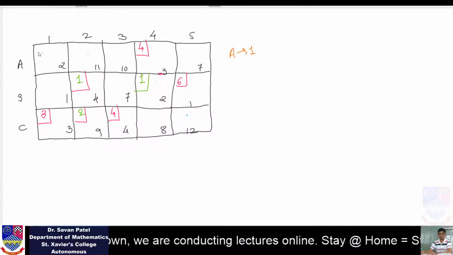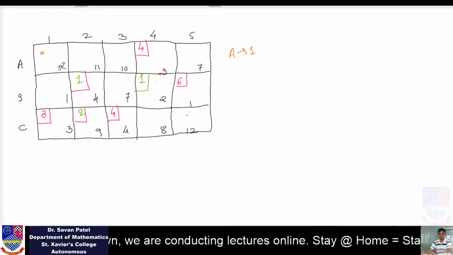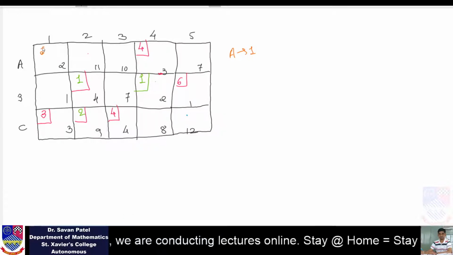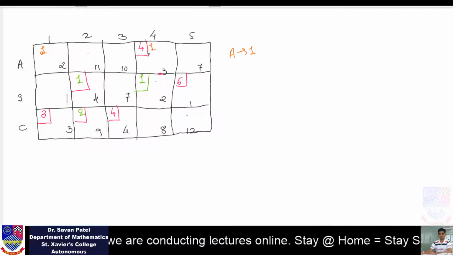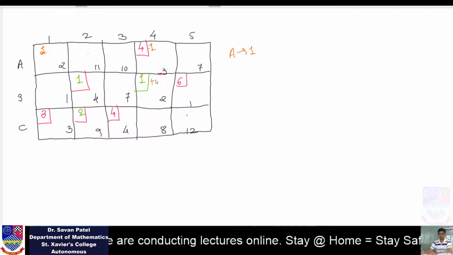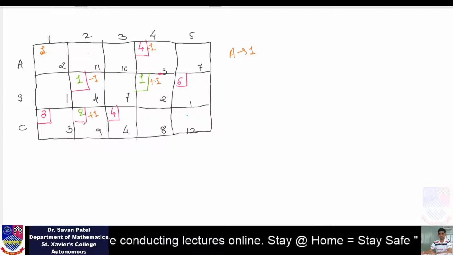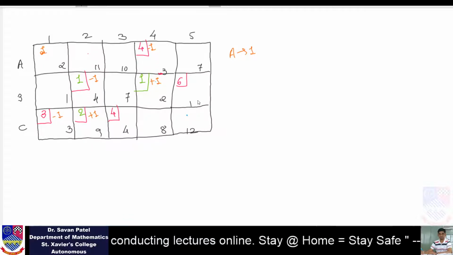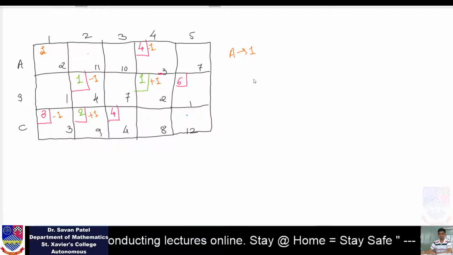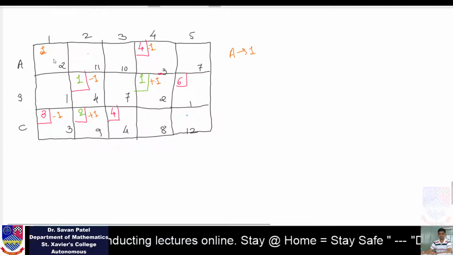If I am transporting from this point, then I have to add 1 here, subtract 1 here, add 1 unit here, subtract 1 unit here, add 1 unit here and subtract 1 unit here. So our loop is like this.